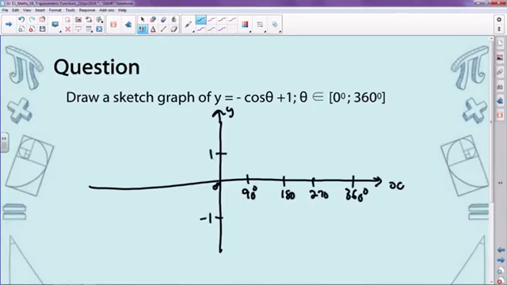Guys, as we have agreed earlier, we start from the normal graph of cos. And now remember, when you are pressing your calculator, when x is 0, y is 1 for cos, okay?